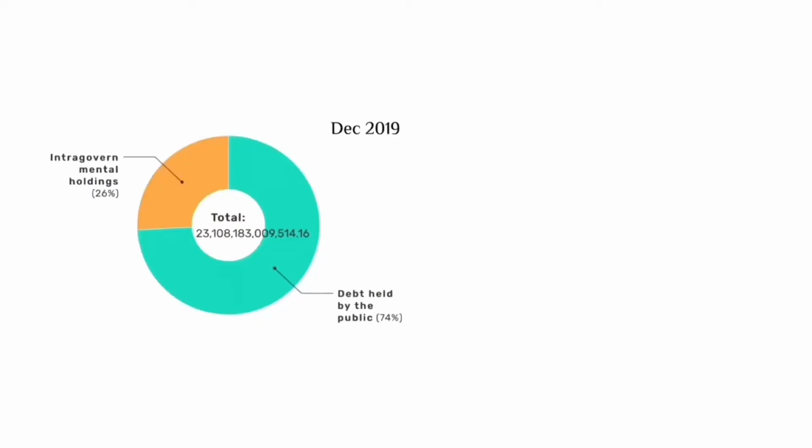Now that you know these problems that may affect you in some way, shape, or form, you probably want to know what the national debt is. The national debt is divided into two debts: the intergovernmental debt, which is debt held by government agencies, and the debt held by the public. The debt held by the public is two-thirds of the overall debt.